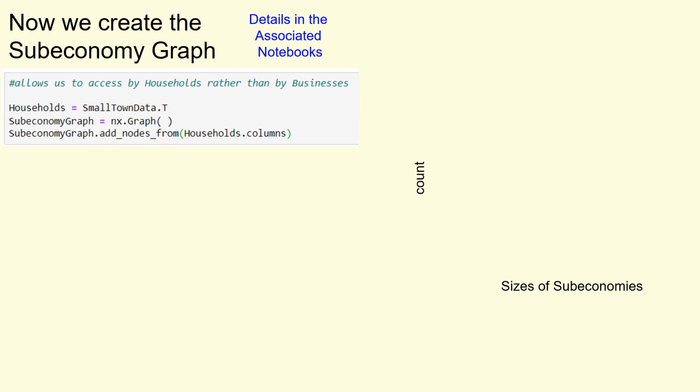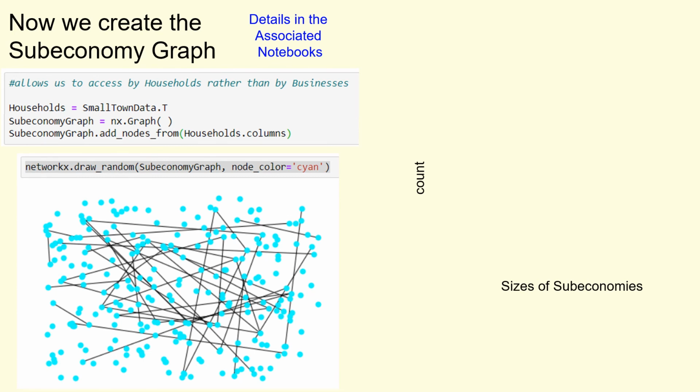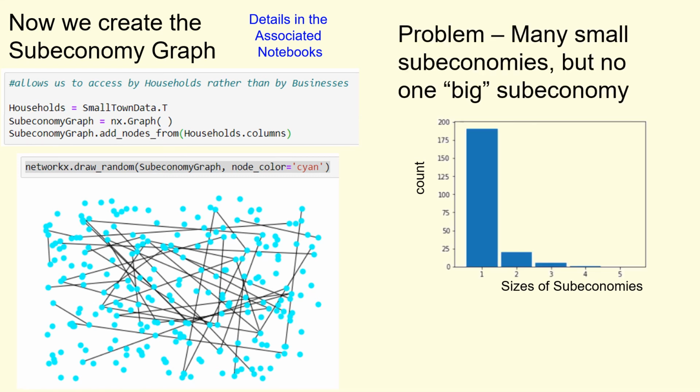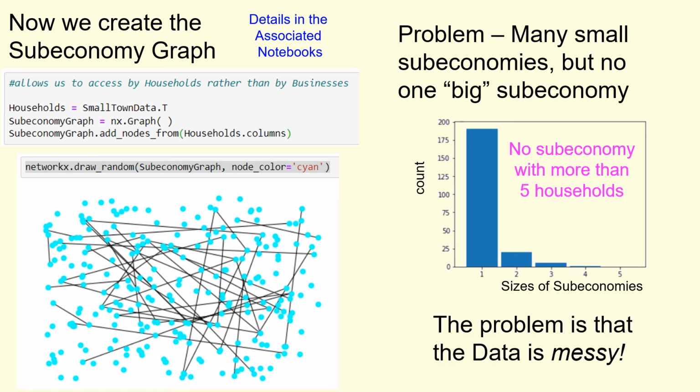We take the households, create a graph using the households as vertices, and then we look at the subeconomy graph, and that's not very satisfying. The problem is that we have a whole lot of small subeconomies, but no one big subeconomy. So no subeconomy here has more than 5 households.